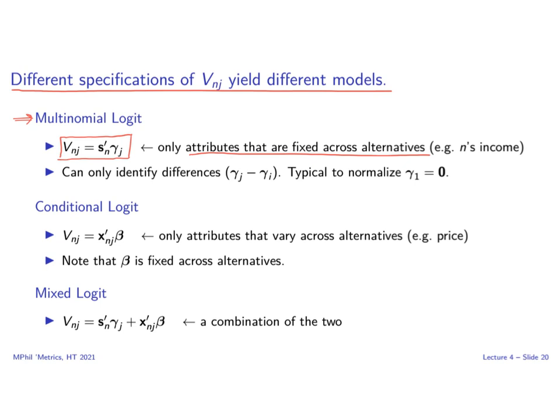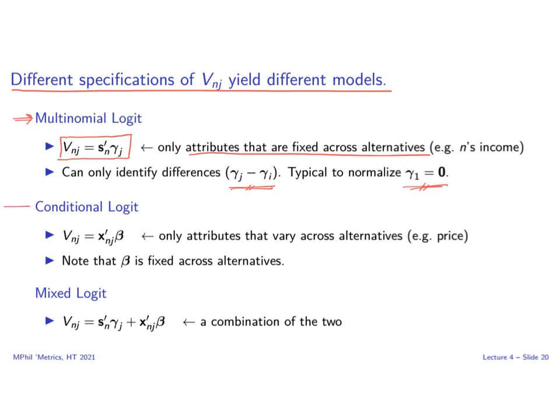As we noted in an earlier video, only the differences gamma j minus gamma i of coefficients for decision maker attributes are identified. Typically, the coefficient associated with the first alternative, gamma 1, is normalized to 0.